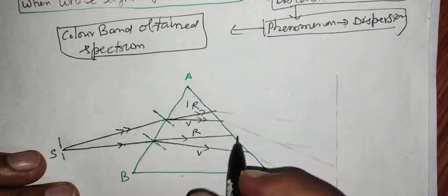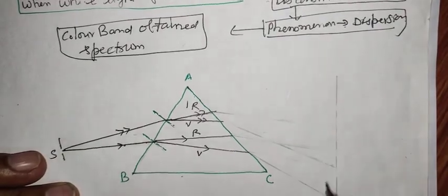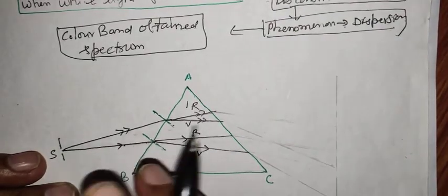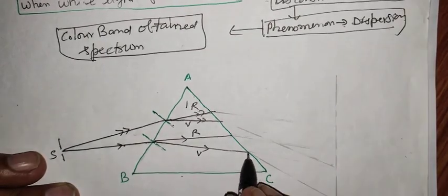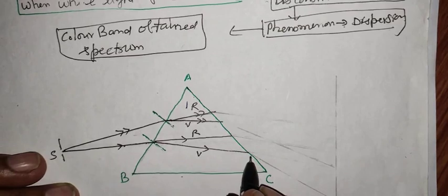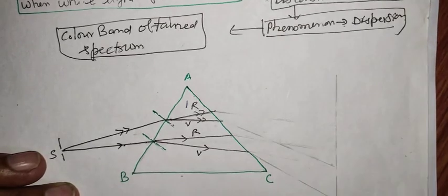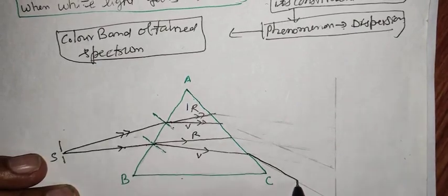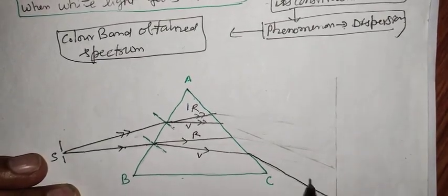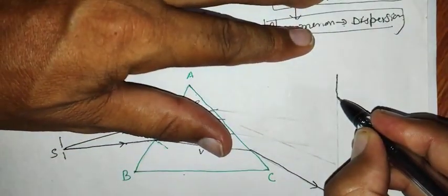Again from the prism to the medium air, the phenomenon of refraction takes place, and let this violet ray reflect here.